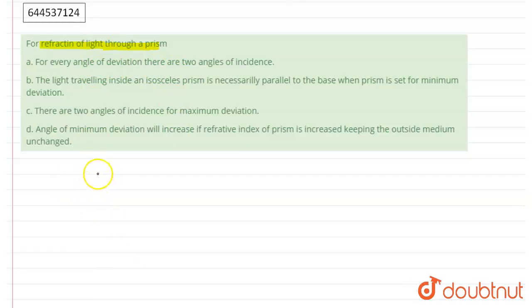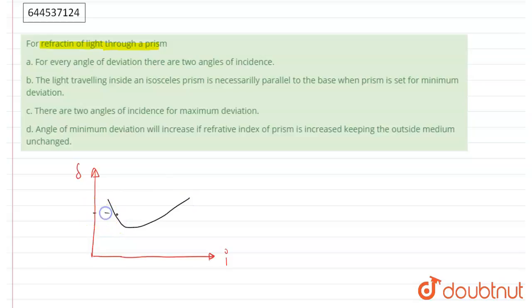Okay, so if we draw a relation between deviation angle and incidence angle, we put deviation angle on the y-axis and angle of incidence on the x-axis, so we will get this kind of graph.